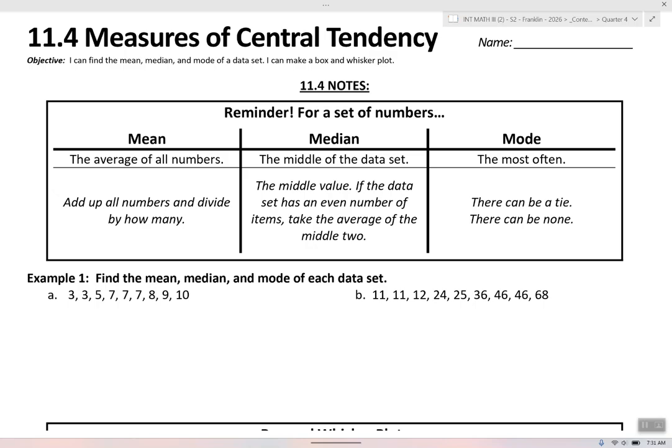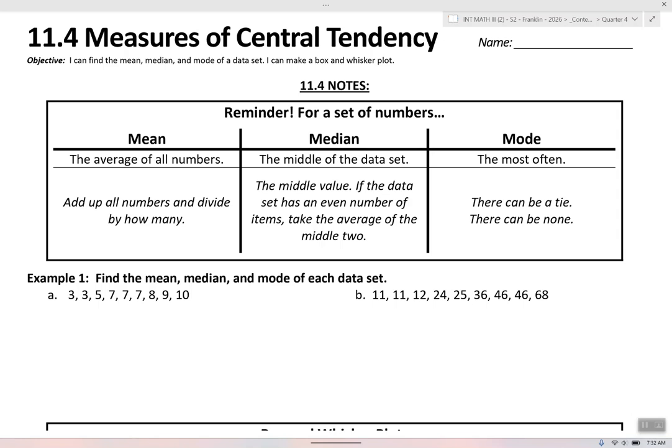So your average might be higher or lower than where the bulk of your numbers are. The median isn't as affected by outliers, but if most of the numbers are much lower or much higher, that can also change where your median is. And the mode ignores pretty much all the values except the one that is most popular.